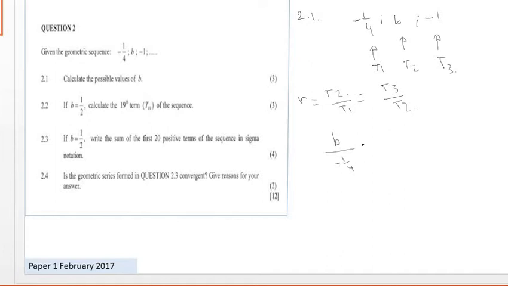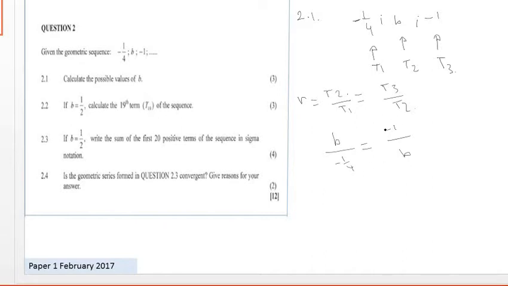So this is the common ratio, which is also equal to t3 divided by t2. t3 is negative 1, and t2 is b. So now at this stage we need to solve this equation.